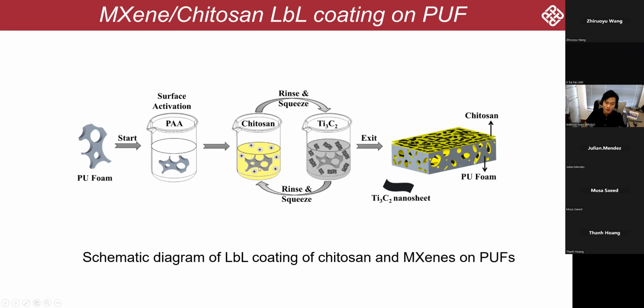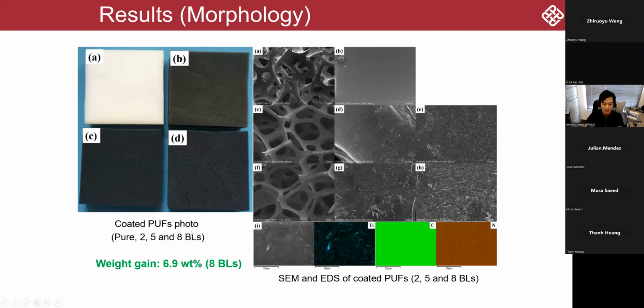Then you put it into a positive solution, and by the attraction force itself, it is glued together. And then we put it into MXene. Then we repeat the process until we feel that there's enough layer-by-layer coating. Then we can formulate a nice polymer matrix with the flame retardant itself.